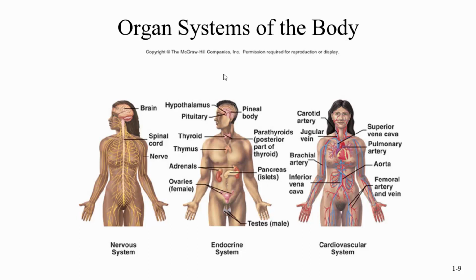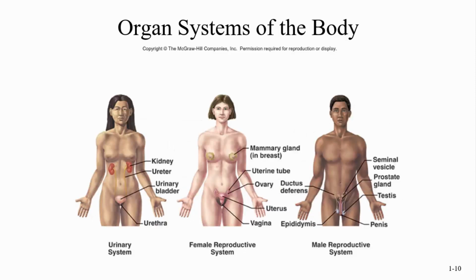This is going to be a transport system, basically taking nutrients, taking waste products, taking oxygen, delivering it to cells, taking stuff away from cells, taking it to things like the kidneys to be gotten rid of, and so on. So that's the cardiovascular system.